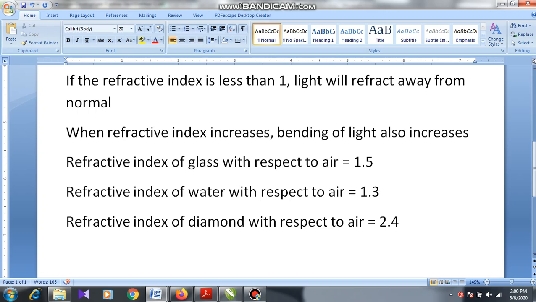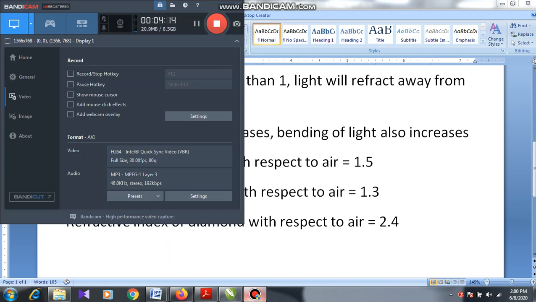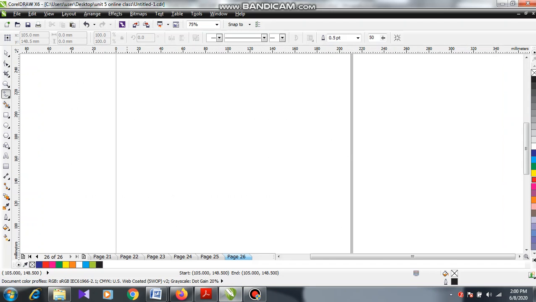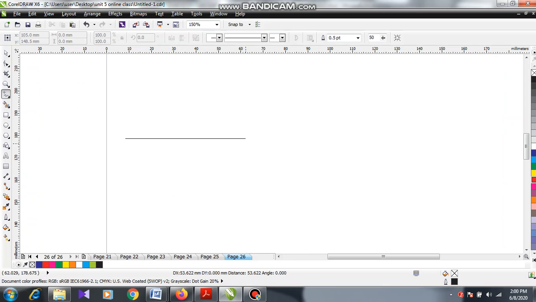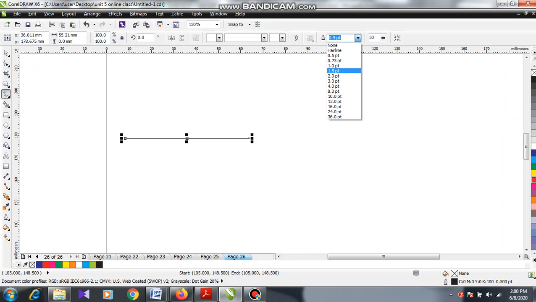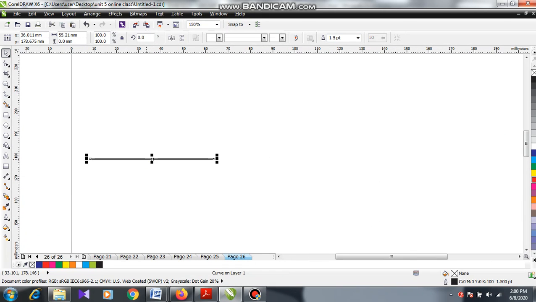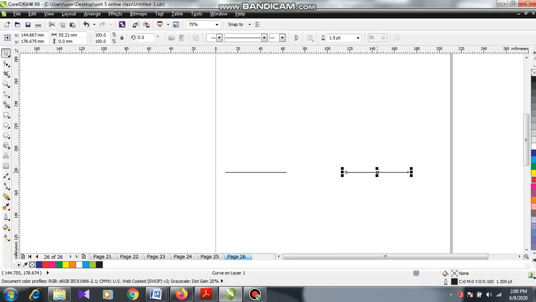Let's try to understand it further with a diagrammatical representation. Here I take three interfaces. This is one interface, this is another interface, and this is another interface.